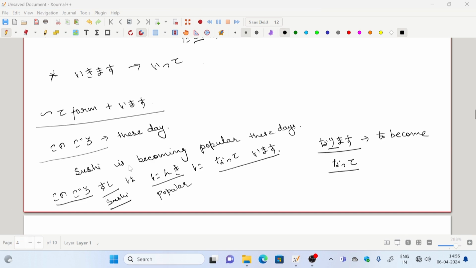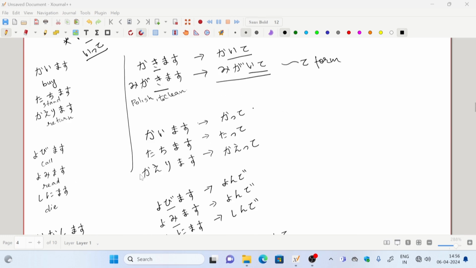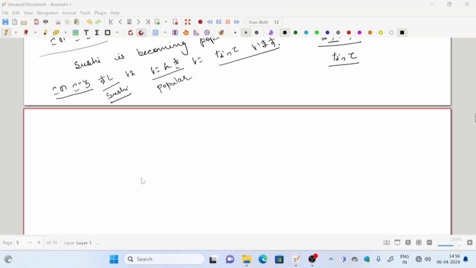If any other verb, we can take it from here. Kaimasu or tachimasu or kaerimasu will use the te form. We can use a verb which is machimasu. My friend is waiting.